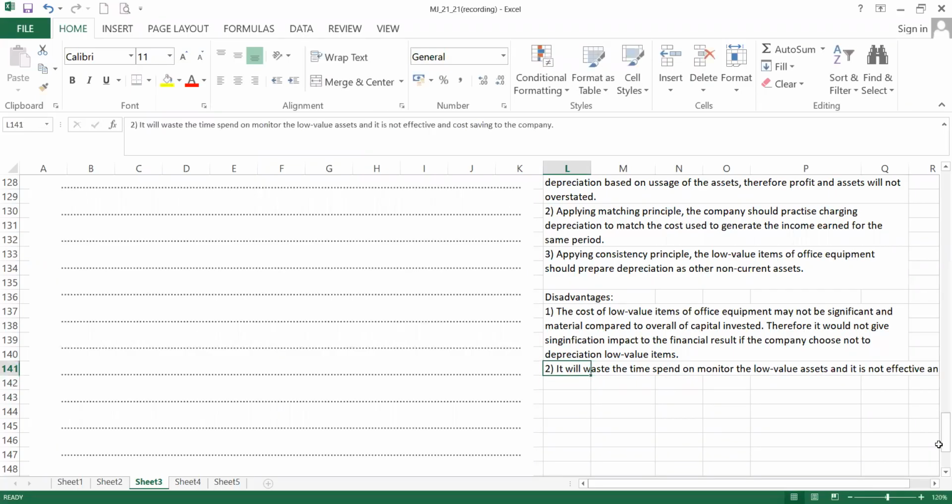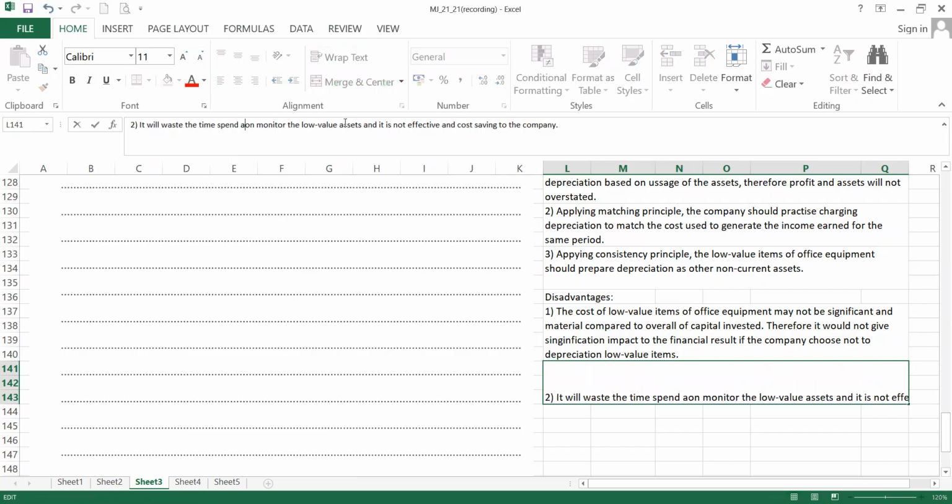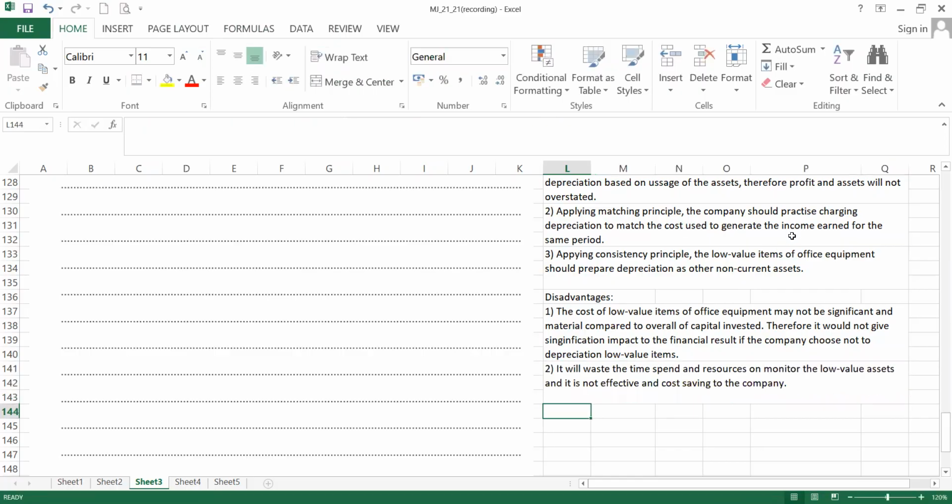So that is one of the disadvantages. You're wasting the time, wasting the resources to prepare, to monitor. It will waste the time and resources on monitoring the non-current assets.